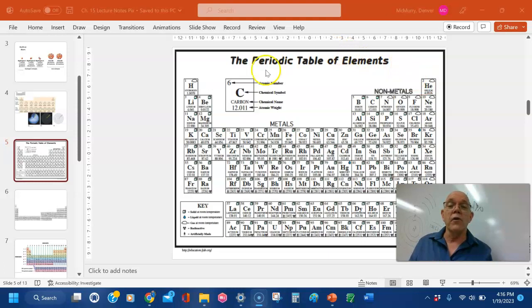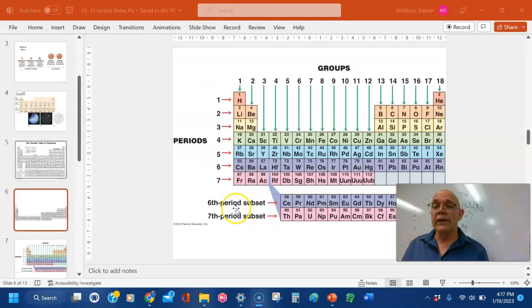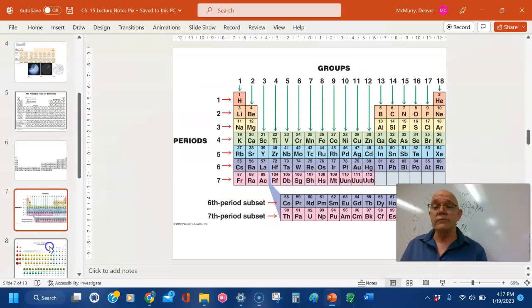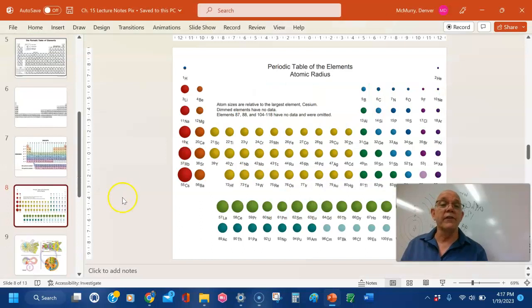Because as you go across, even though they get more massive, they have the same number of orbitals of electrons around them, and so they're on that same level, and now there's more positive charges, more protons pulling them in, so you actually see a trend where they get smaller.